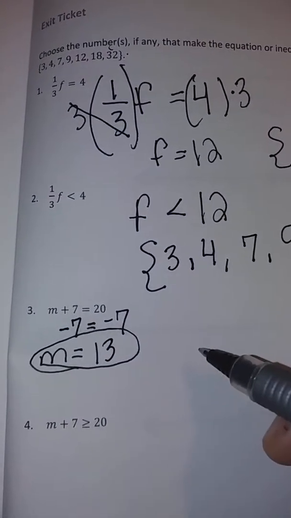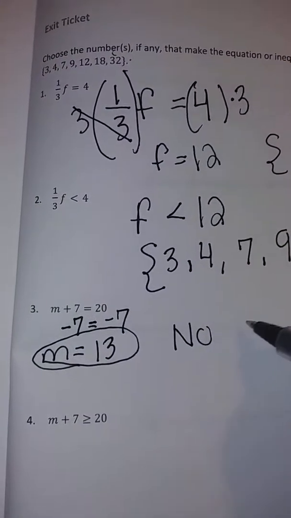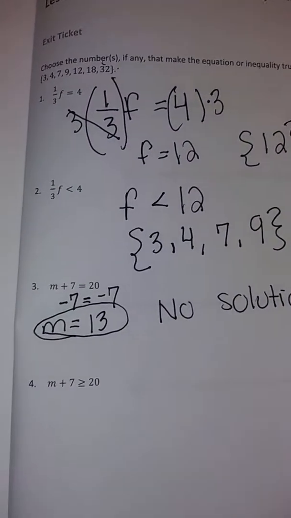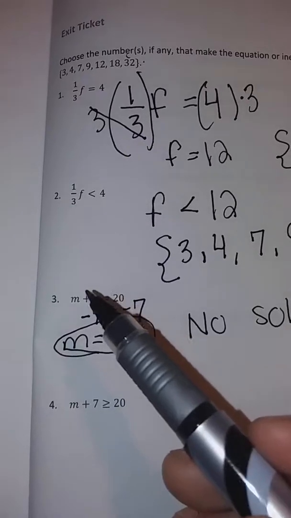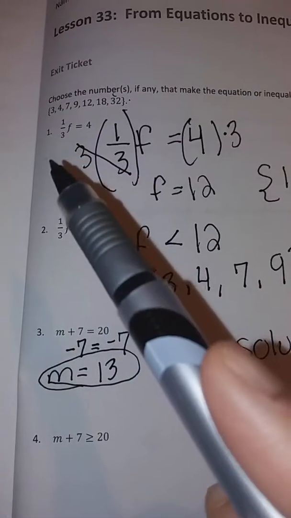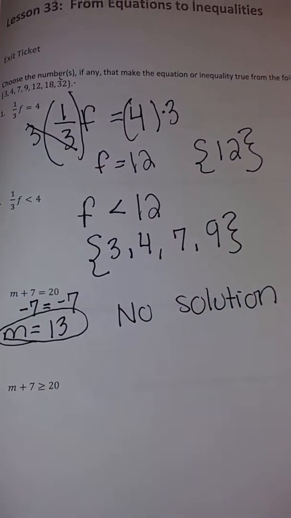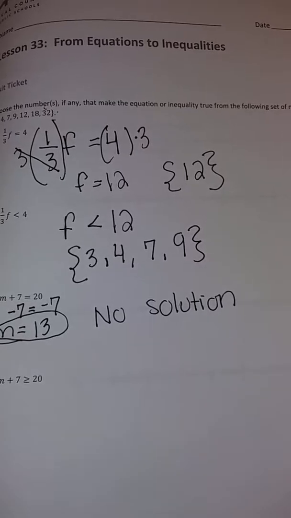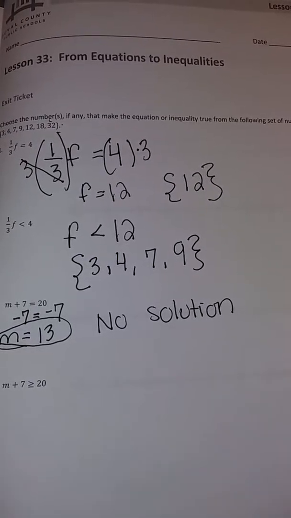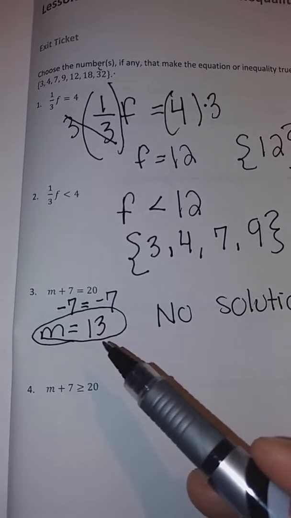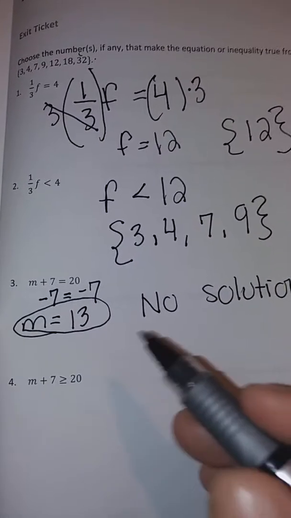It is not in your set of numbers, so there is no solution for this problem. Yes, we know the answer to the equation is m equals 13, but that's not what they were asking us. Go back to the question and remember what they were asking us. They're asking us, is there any numbers that make the equation or inequality true from the following set of numbers? So you all that were just solving for the equation, that's not what you should have done.